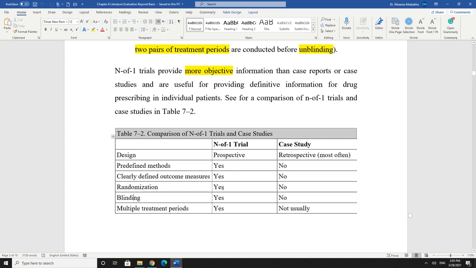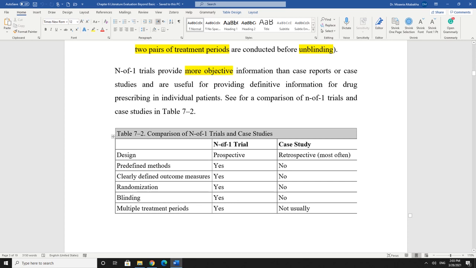Randomization and blinding are there for the N-of-1 trial, whereas in a case study they're not there. In a case study it's only 1 person, it doesn't have any control, by the way. There is no control. You're just describing an individual case. And in a case series, you are describing not an individual case but several cases that you might have with your patients. Is there multiple treatment period?